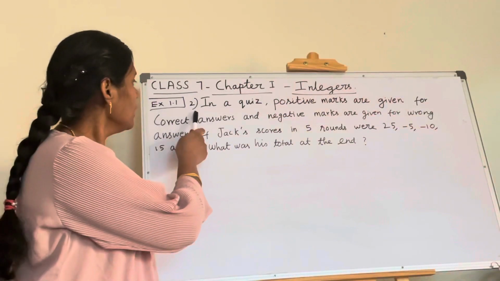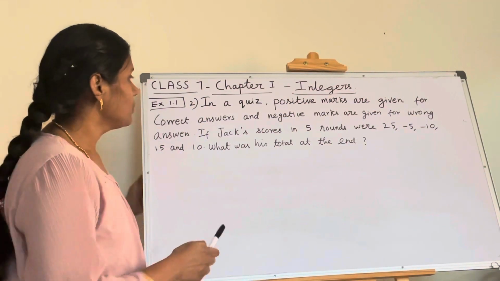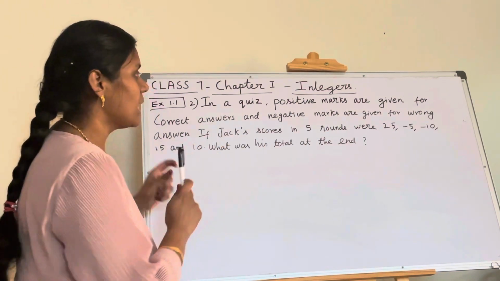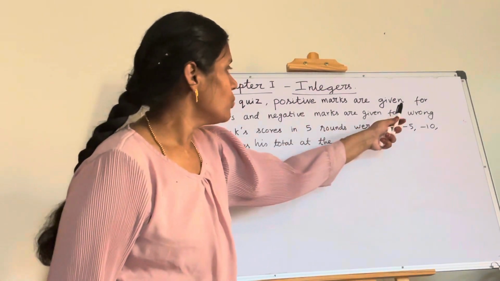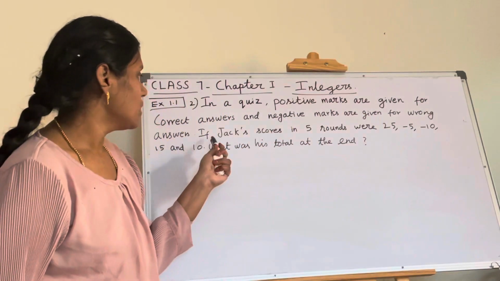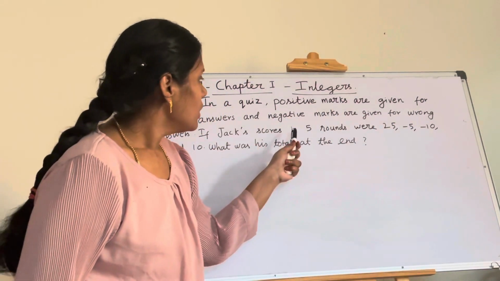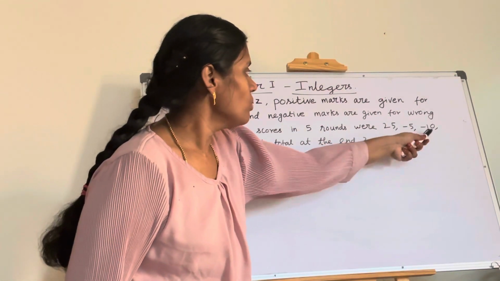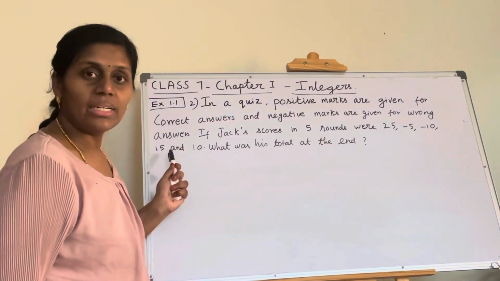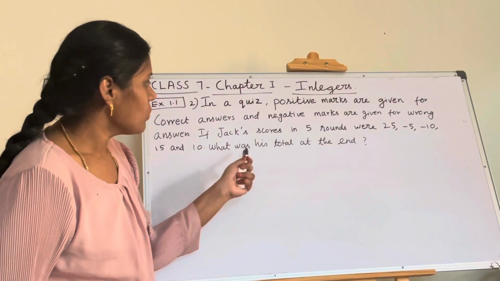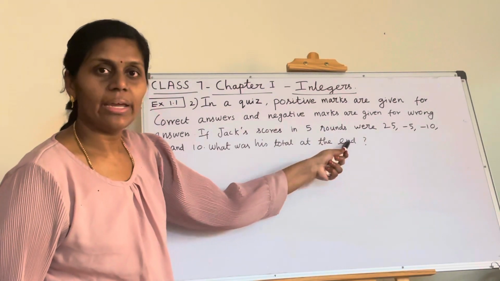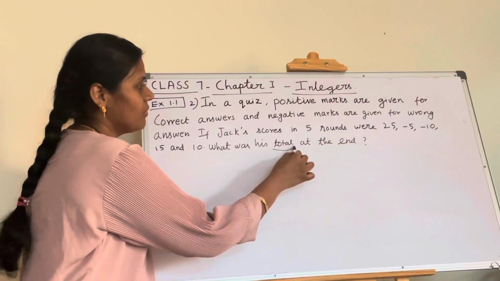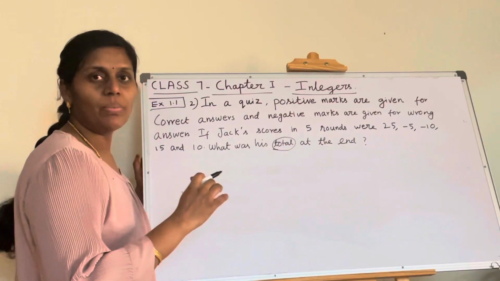Question number 2 in exercise 1.1. In a quiz, positive marks are given for correct answers and negative marks are given for wrong answers. If Jack's scores in 5 successive rounds were 25, minus 5, minus 10, 15 and 10, what was his total at the end? We all know that total means we have to sum up everything.